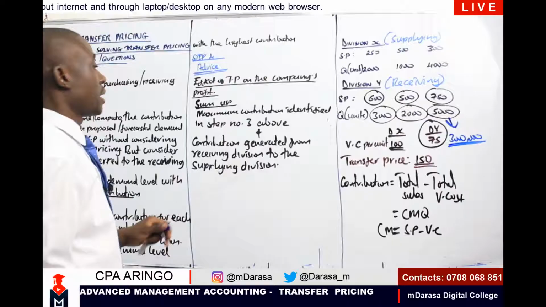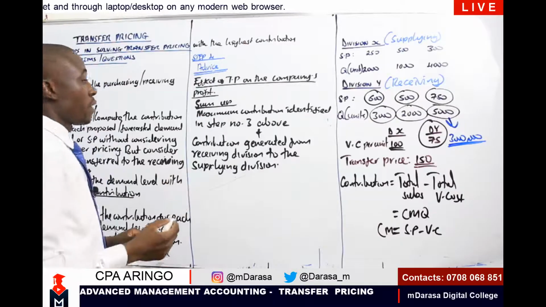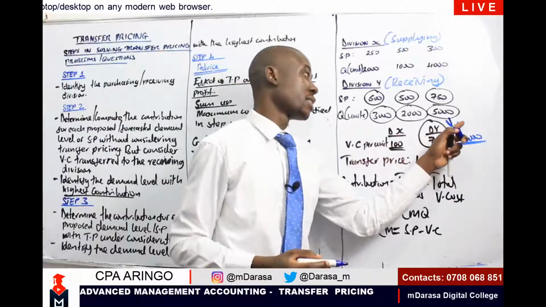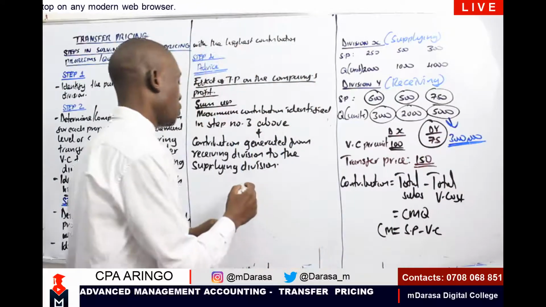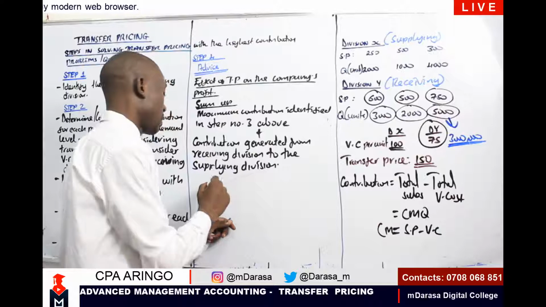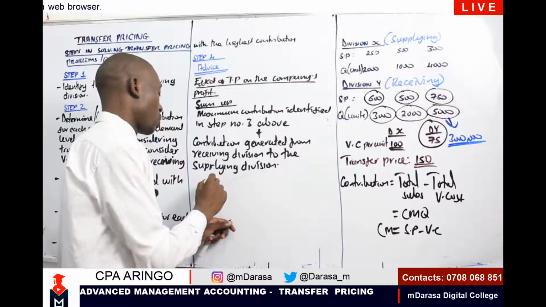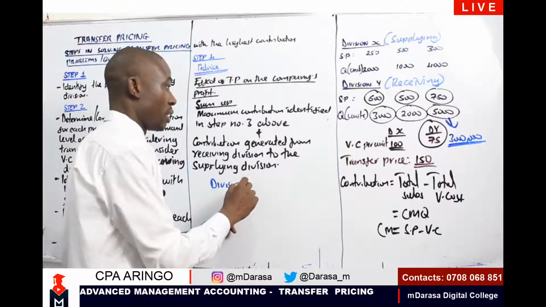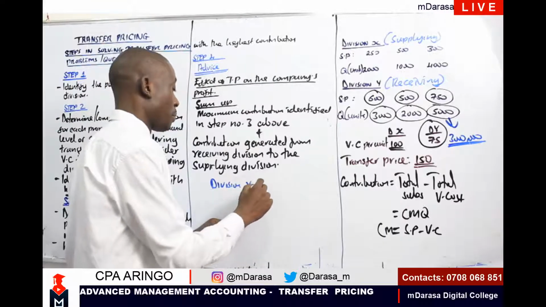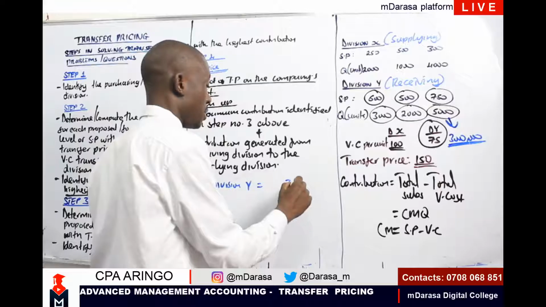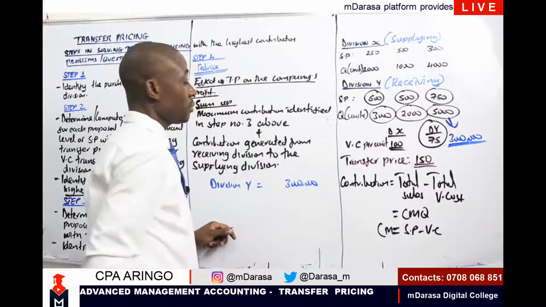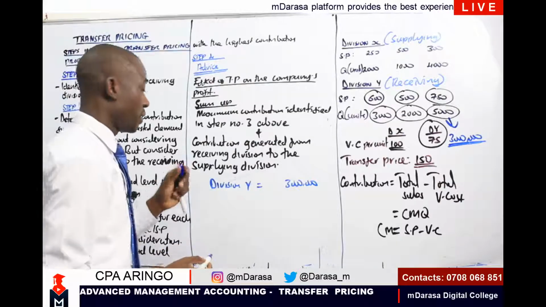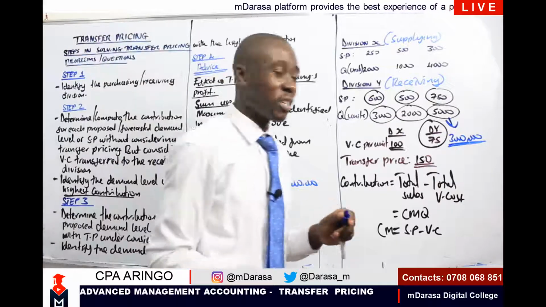So I'm going to identify the maximum contribution in step 3 above, which in this case is 3 million. Division Y, the maximum contribution that it can give us is, say, 3 million. Then I'm going to add the contribution generated from the receiving division to the supplying division.